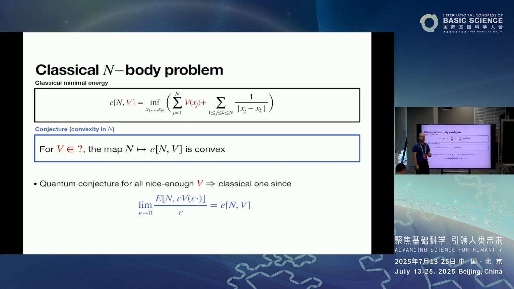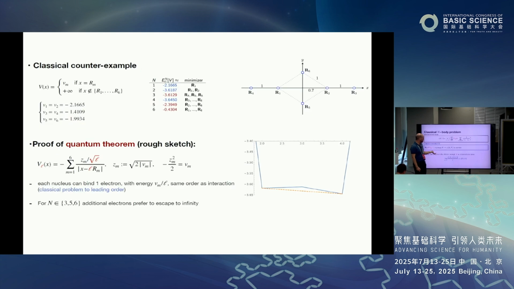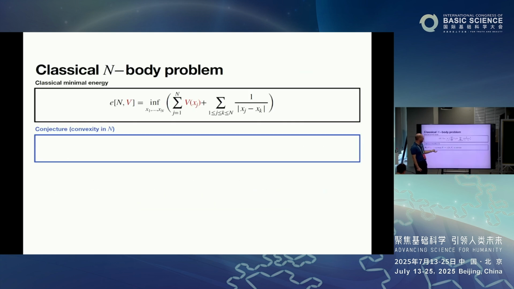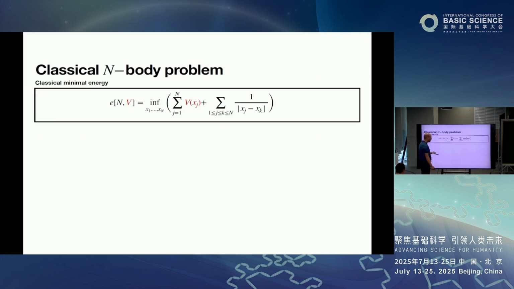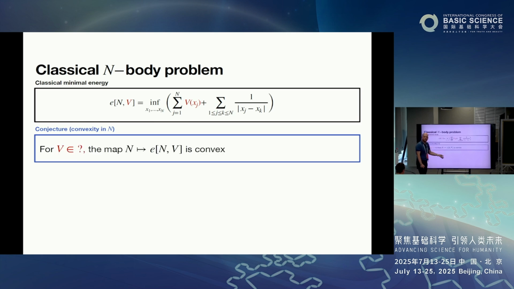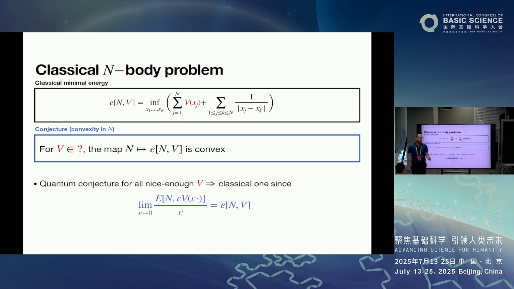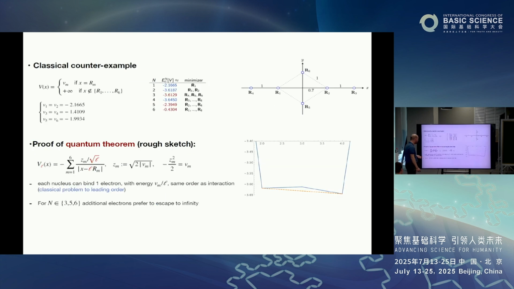So that's the idea. This quantum counterexample, we basically built it by using a counterexample in the classical case. And we can do this because we have this semi-classical limit linking the two kinds of energy.